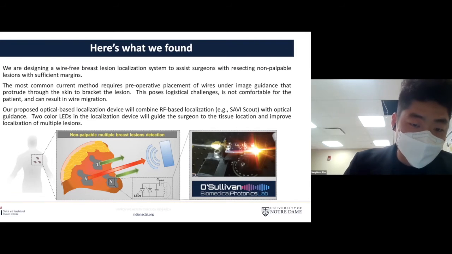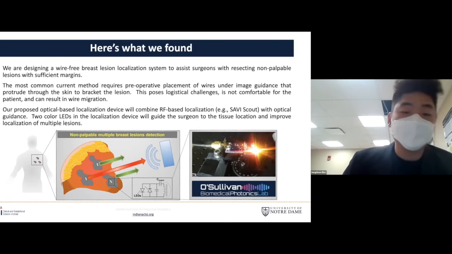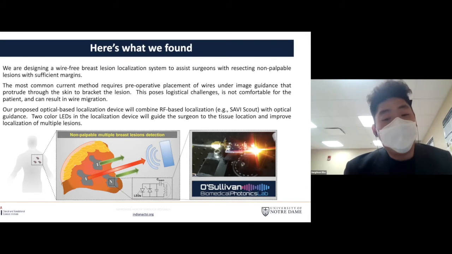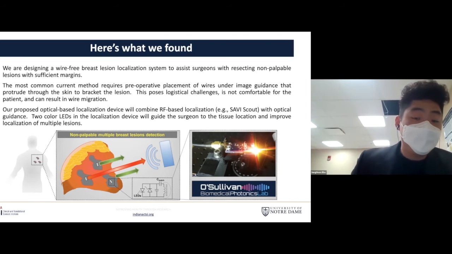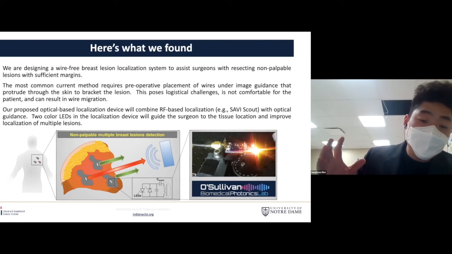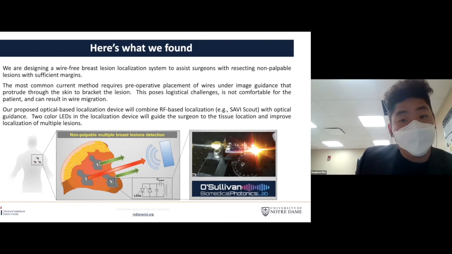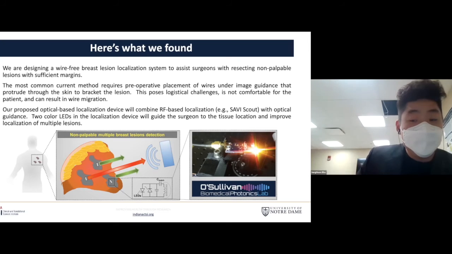It'll be much clearer when you look at the figure at the bottom. This small box is what we are going to make for localization devices, and we will put them into the multiple tumor lesions. When we generate the RF signal from the outside, like Bluetooth or Wi-Fi, the inside devices will shine a light, something like a light signal.